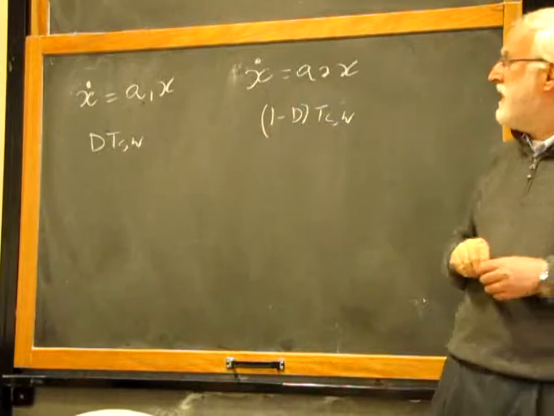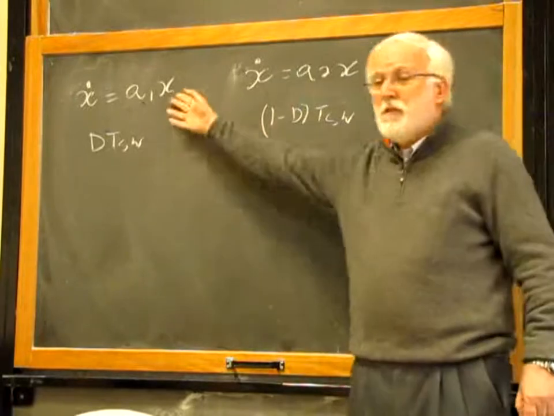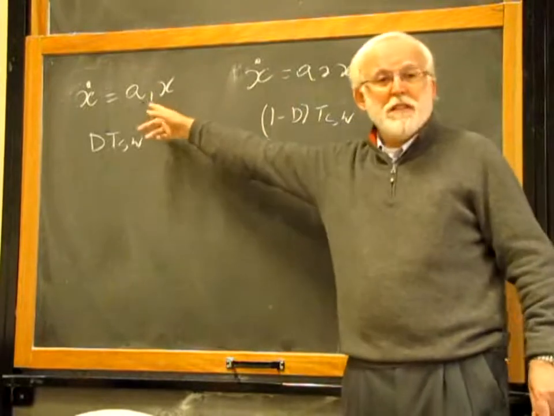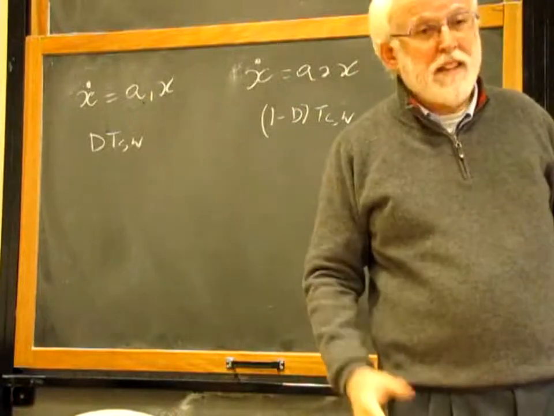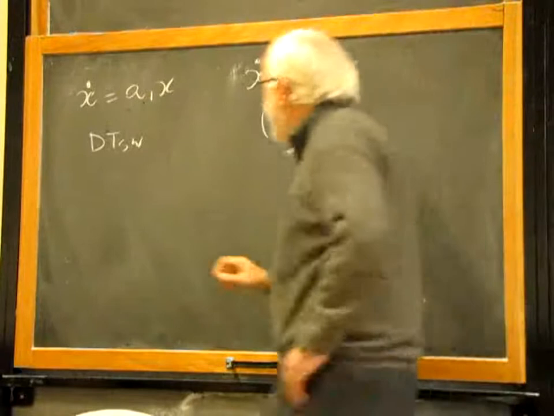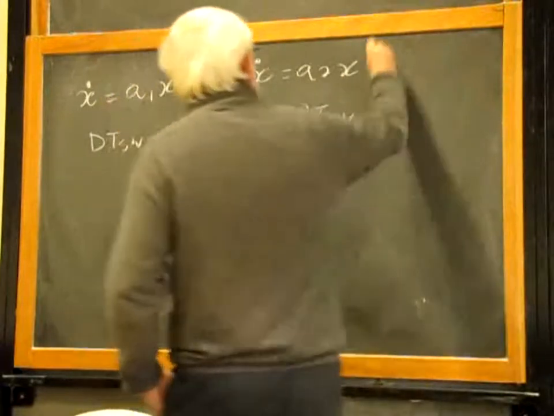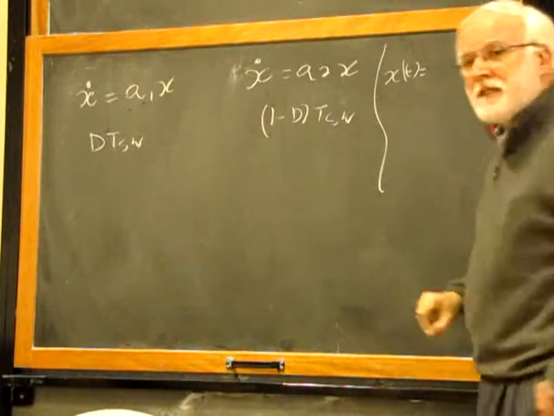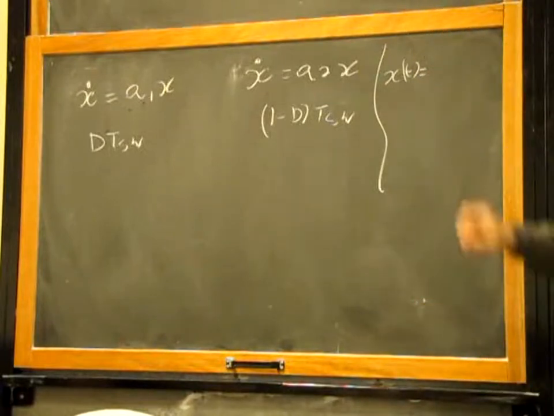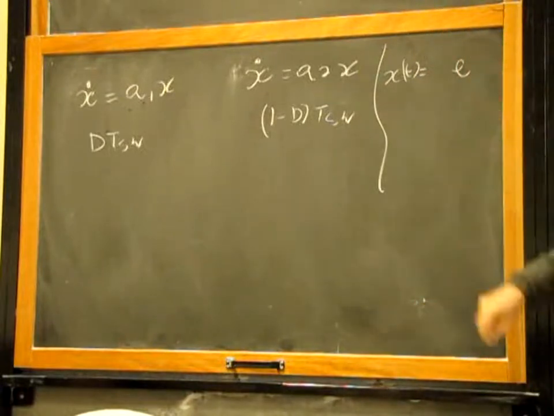And you know what is the solution for this differential equation? It's an exponential. In general, for this kind of equation, the solution is x(t) equals exponential of minus... No, it's not minus.